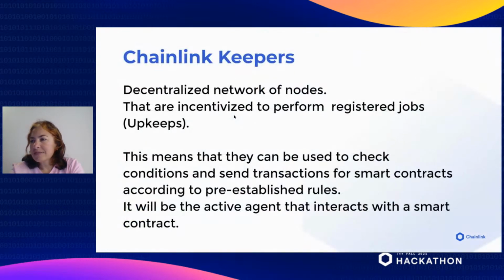So these are the keepers. We have a decentralized network of nodes. It's very important because everything here in Chainlink is to be decentralized. This is our core. And we have these nodes, they are incentivized to perform the registered jobs. We call them the upkeeps. So you can use this to check some conditionals and send transactions for smart contracts.